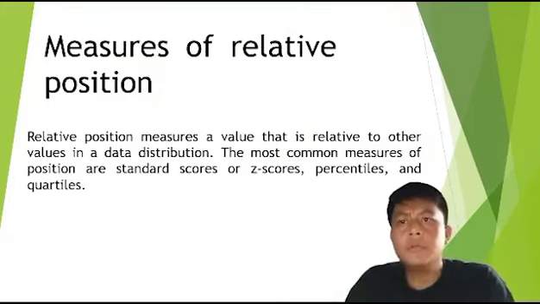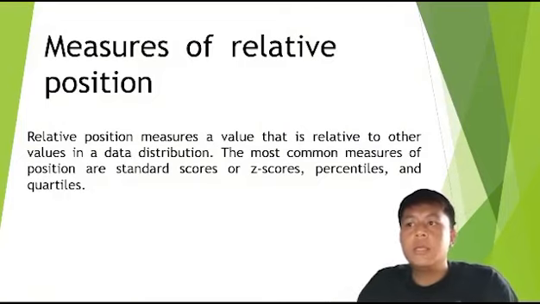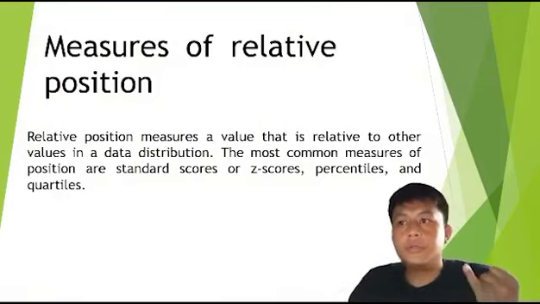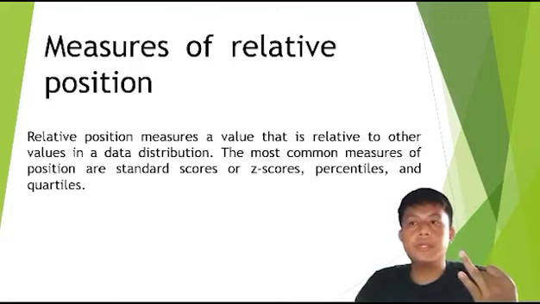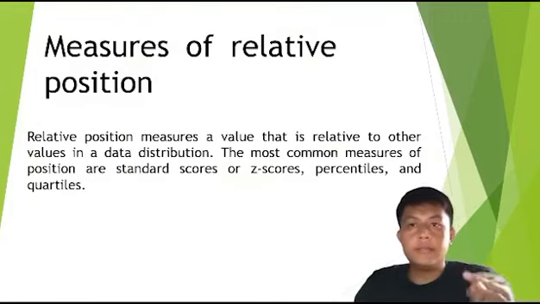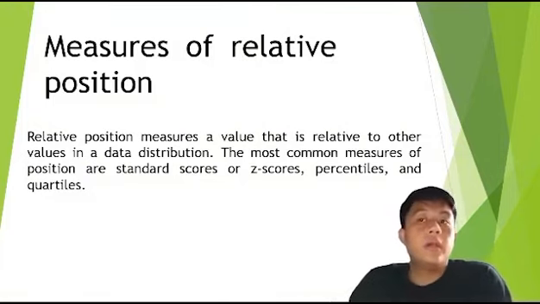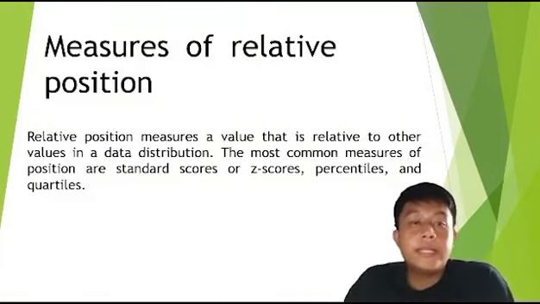The most common measures of position: we have three components of relative position. Number one is standard scores or z-scores, number two is percentiles, and number three is quartiles. The measure of position helps to identify where a value falls in a data set.